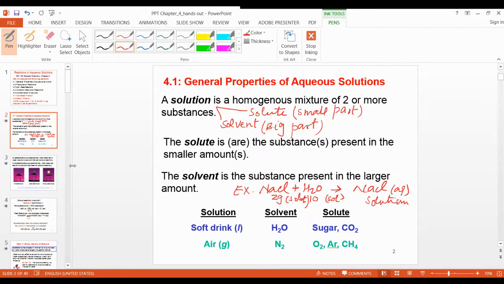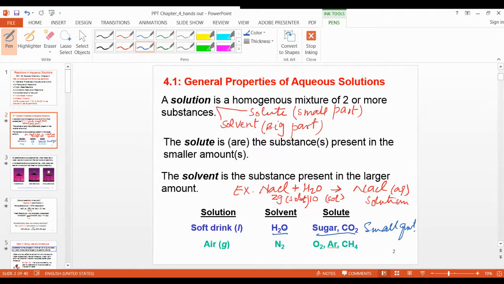But some quantity of solute is there, and solute may be sugar, maybe your gas, right? So the sugar and gas are the solute, because these are the small quantity, and the water is the solvent, the big quantity, right?